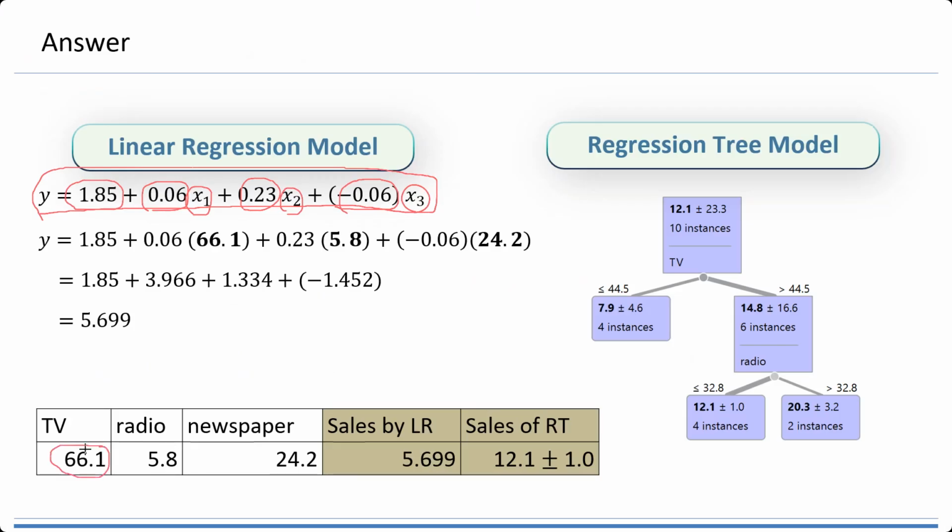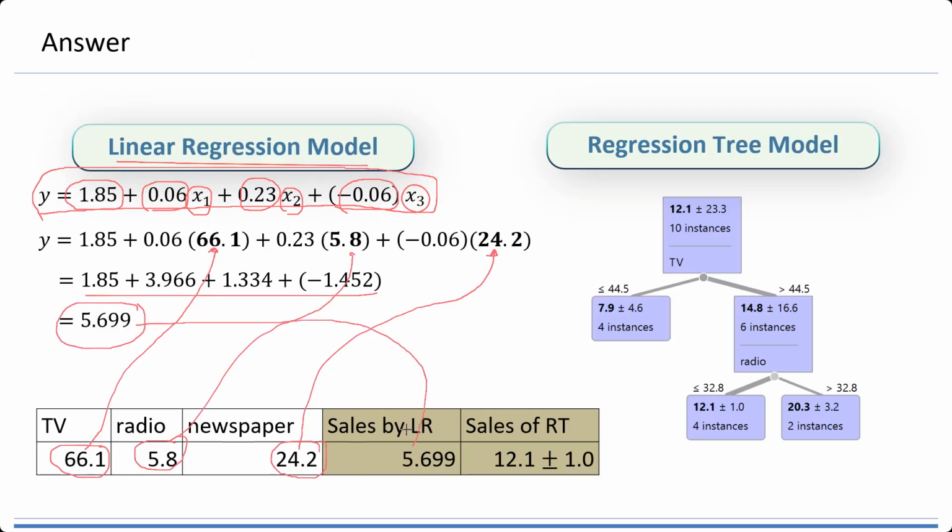What is the budget for TV? 66.1. What is the budget for radio? We put here. What is the budget for newspaper? Then we put here. Then we can do the calculation and get the value. So based on the linear regression model, the expected sales is this one, 5.699.